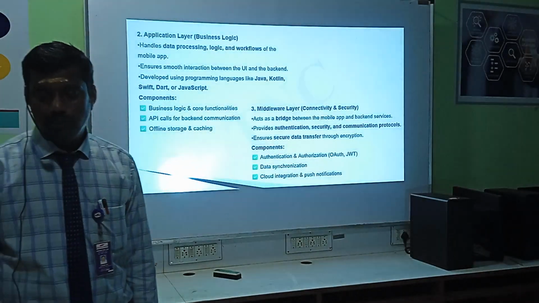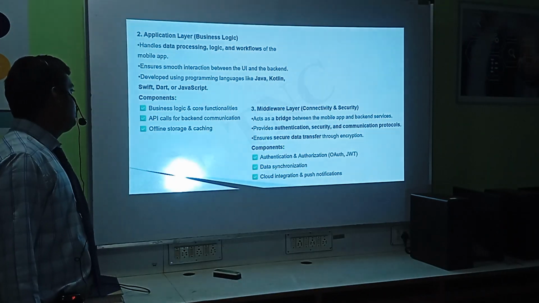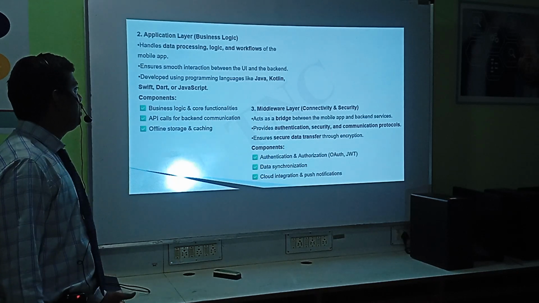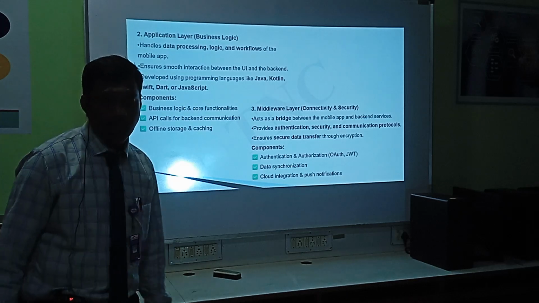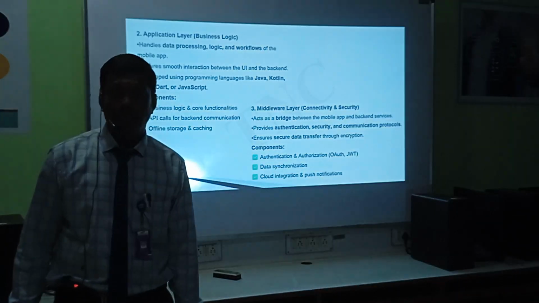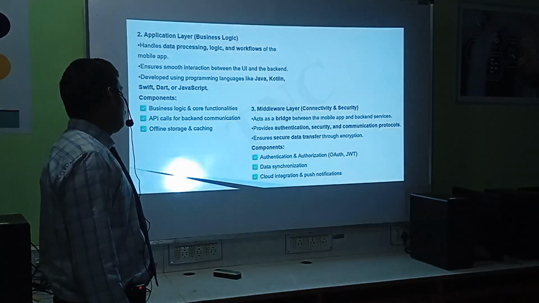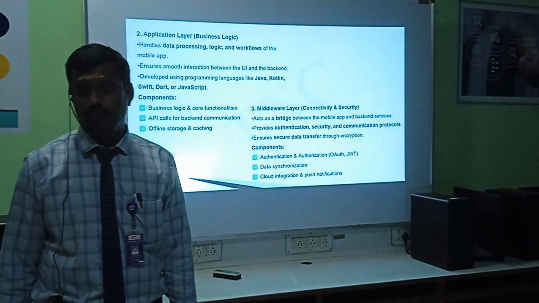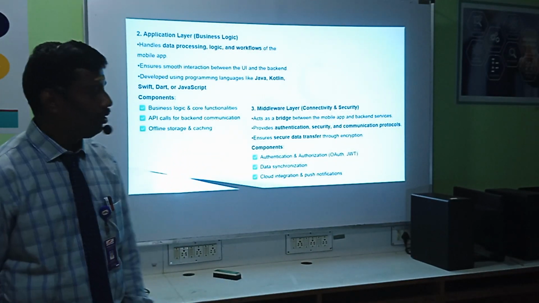It is developed using programming languages like Java and Kotlin, Swift, as well as JavaScript, which are used to create the application layer. The components involved in this layer are, one, the business logic and core functionalities. Then the second one is the API calls for backend communication, and also we have offline storage as well as caching.